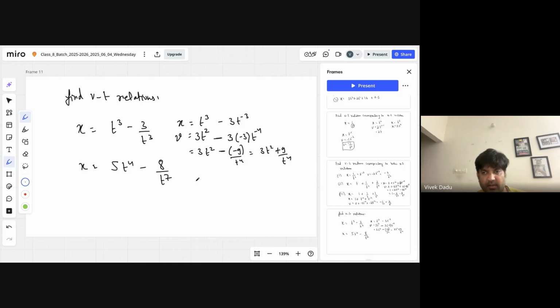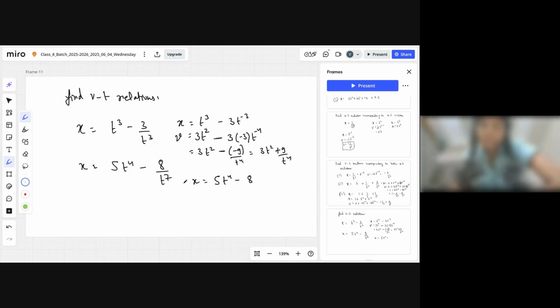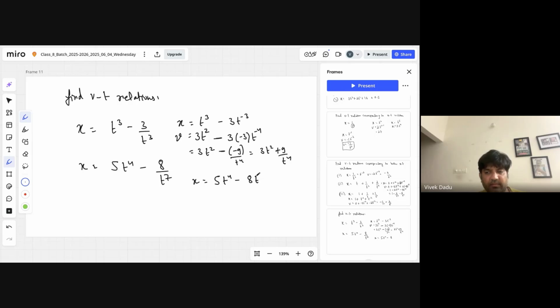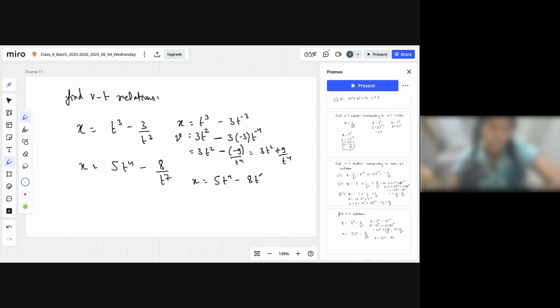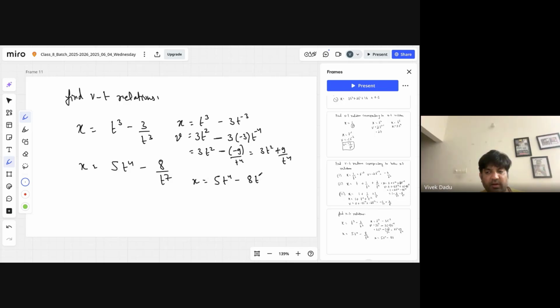Now here, this is 5t power 4 minus what you only tell. No, first x, not v. X only right now. This t power 7 was in denominator. In numerator, it will become t power -7. Right now, I'm just writing x only, not converted. Now for v.